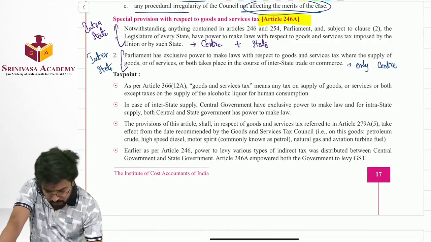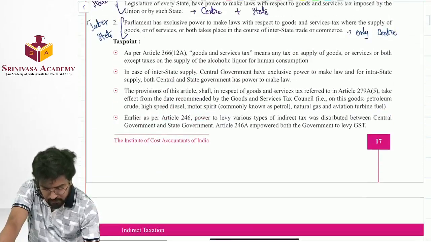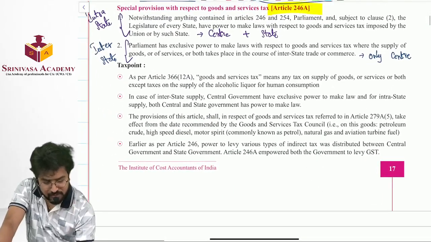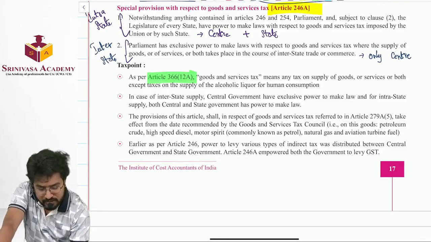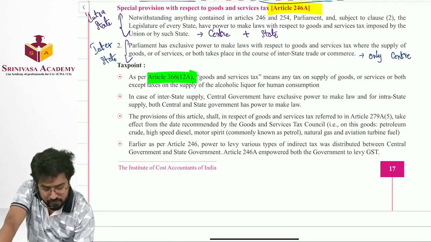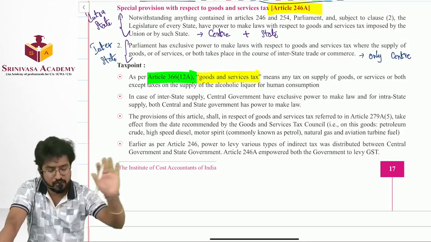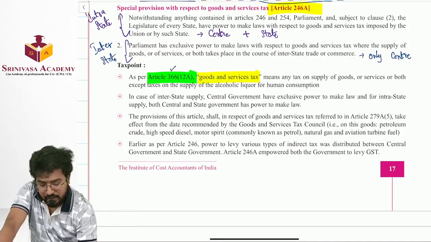These things are not relevant for you, the tax point, don't worry about that. Let us remember this. Please just remember what is what. Article 366 (12A) gives the definition of GST, goods and services tax. Remember this article number.